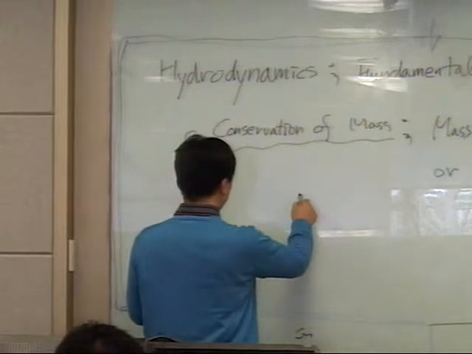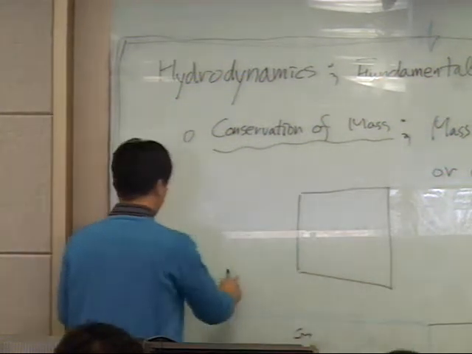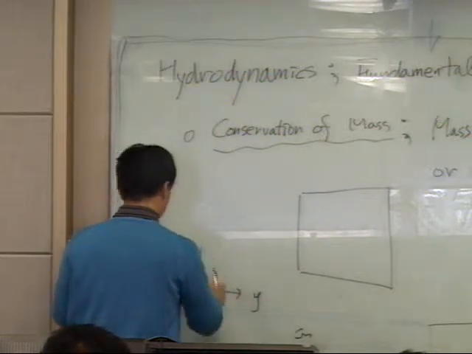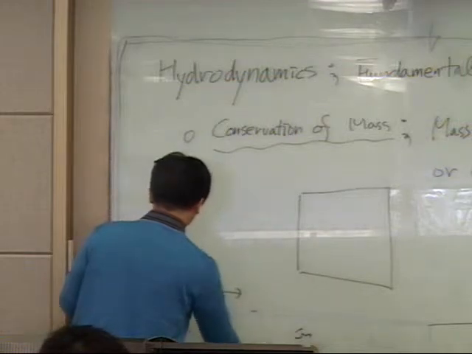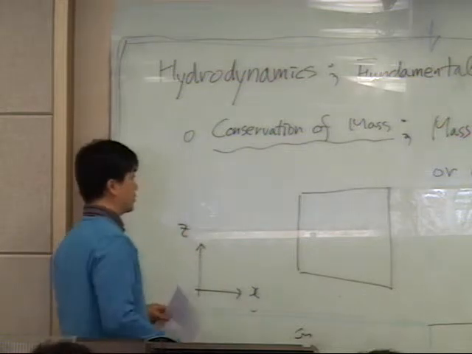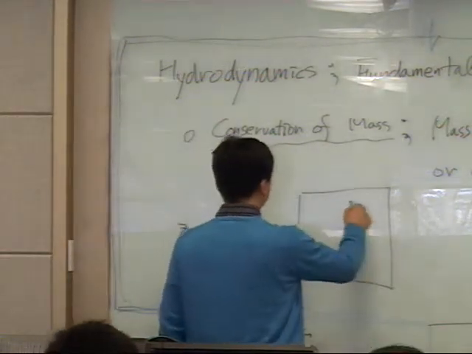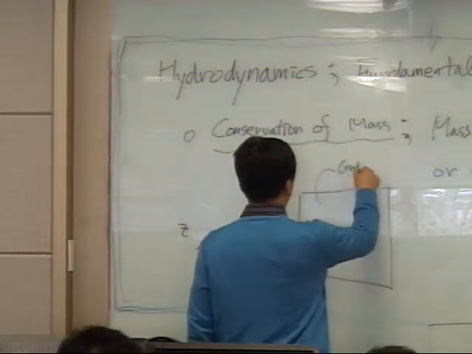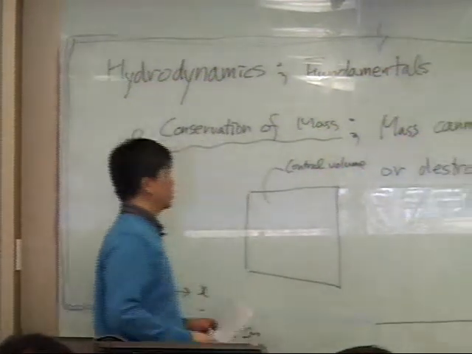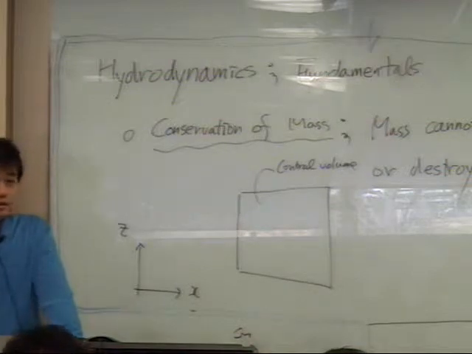And let me have some volume here. I'm going to consider just the x and y direction here. Okay, this is the control volume. In fluid mechanics, we always consider the control volume.